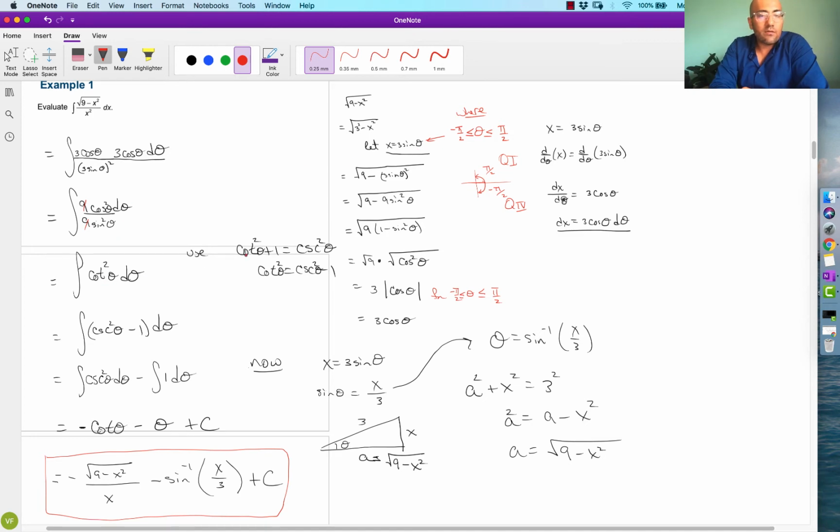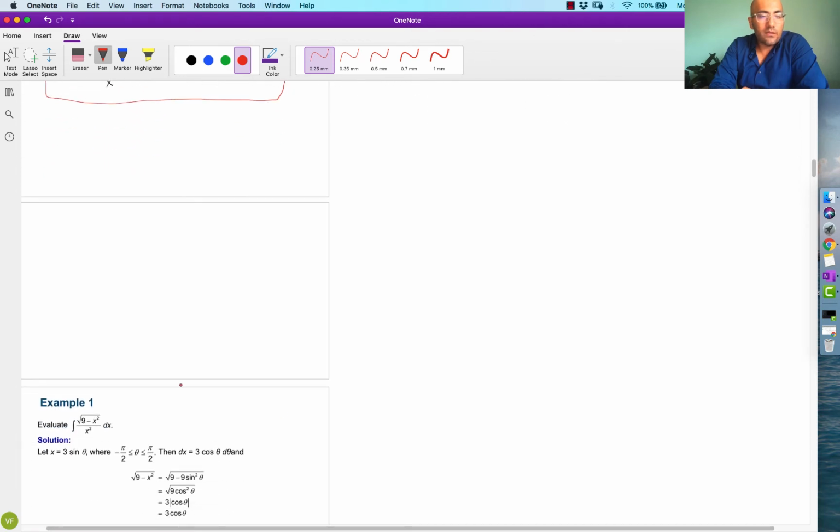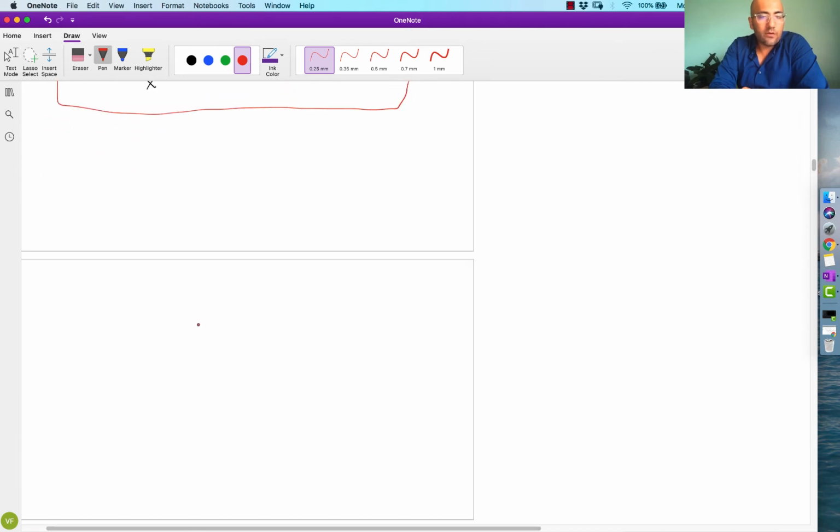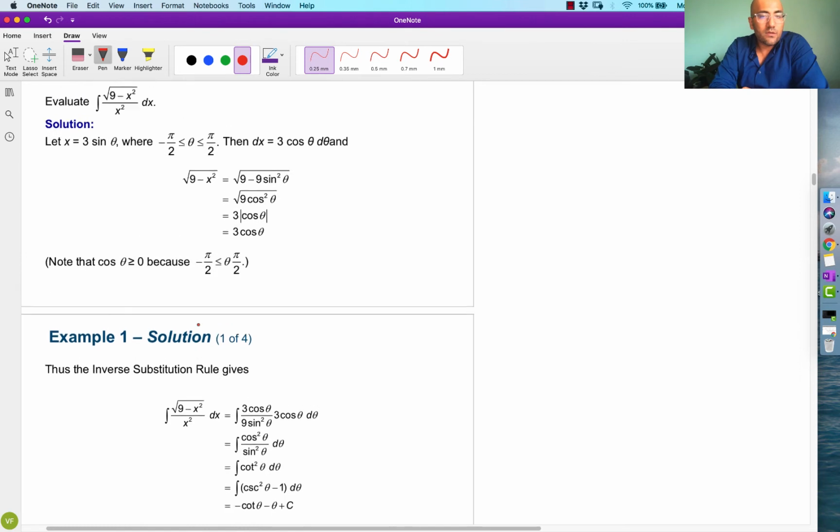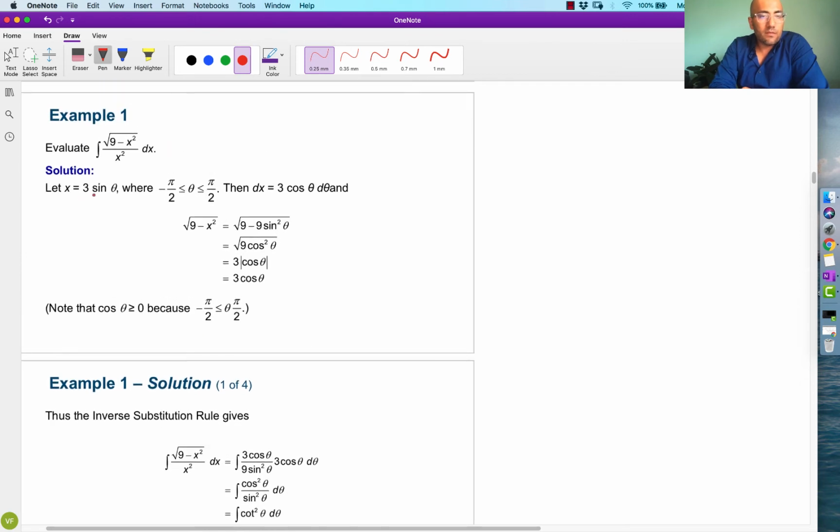Things work out, get to this guy. We use one of our trigonometric identities to rewrite it this way. And then this is a straightforward integral now. All right, hopefully that worked out well. Let's see what the author did. Probably, hopefully, similar things. 3 sine theta. Okay, so we still get that this part of it simplifies to 3 cosine of theta.